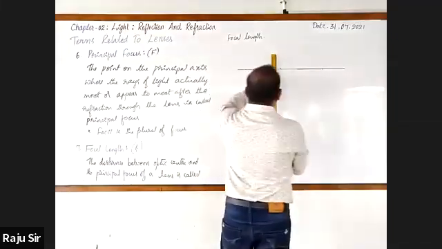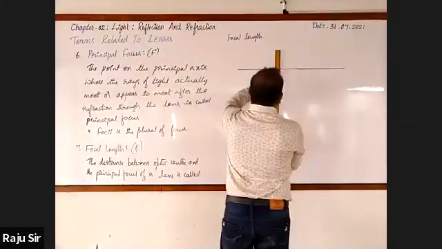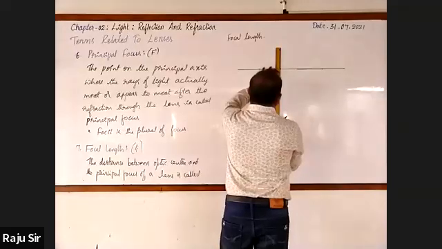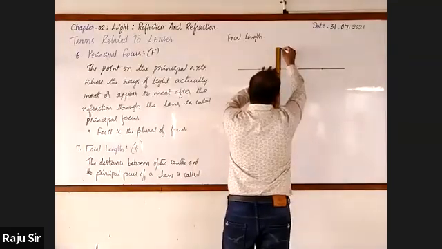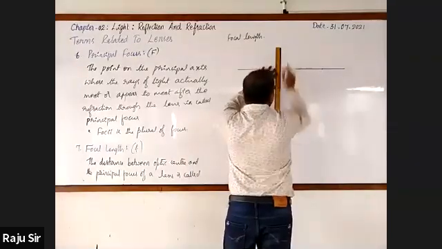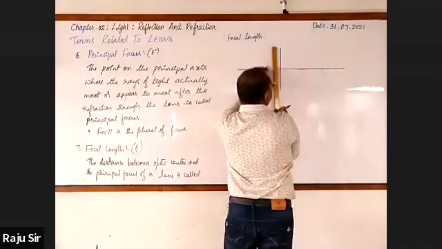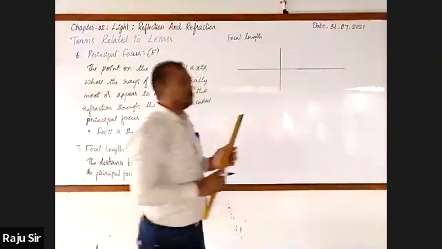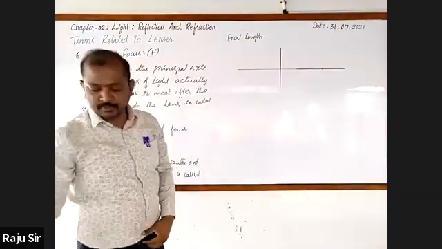After 4 centimeter, draw a perpendicular line. Its length should be 4 centimeter, such that 2 centimeter above the principal axis and 2 centimeter below the principal axis.